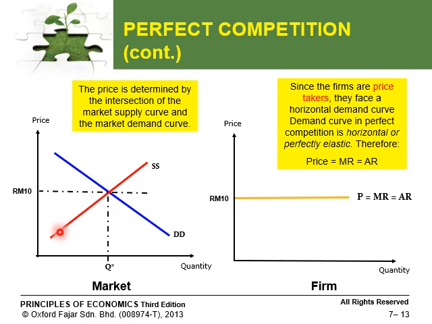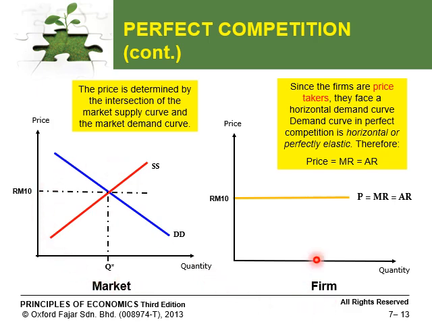It's a normal graph which you learned in the previous chapter, where in the market graph you need to identify the point where supply and demand are in equilibrium to find out the price and quantity offered in the market. So this graph represents all the firms inside the perfect competition market.